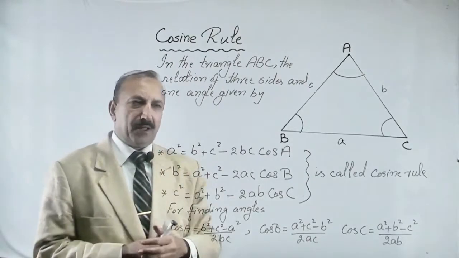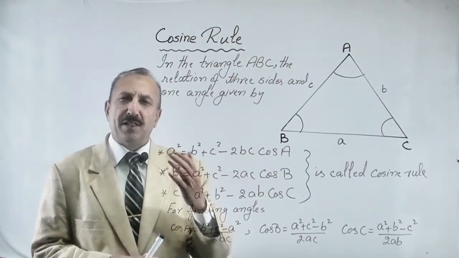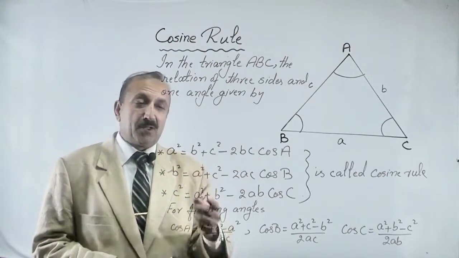And here is the relation between three sides and one angle. There will be four things involved in one formula, but this relation is not like the sine rule.